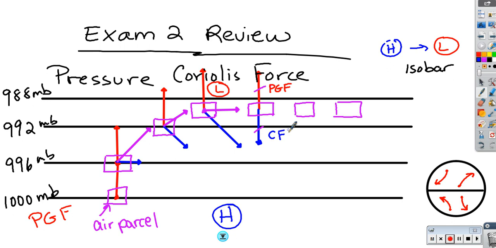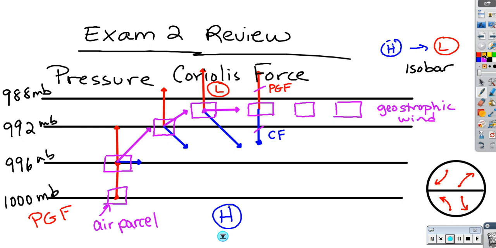And when these two forces balance out, we've then created a geostrophic wind. Geostrophic winds run parallel to the isobars. So they don't typically happen on the surface because friction is a force that cuts down the Coriolis force, and so you never get them running exactly parallel to the isobars.